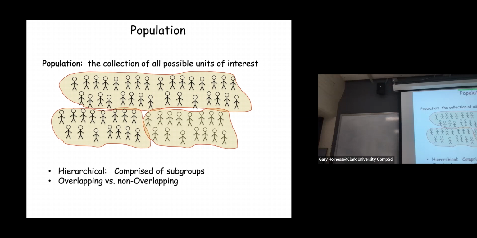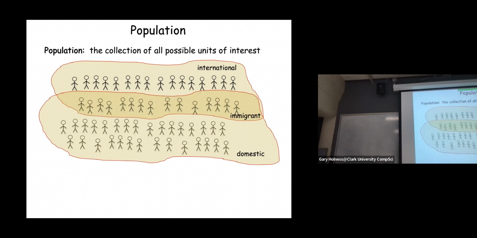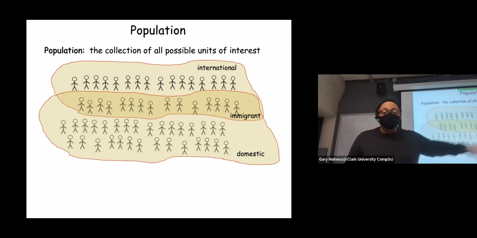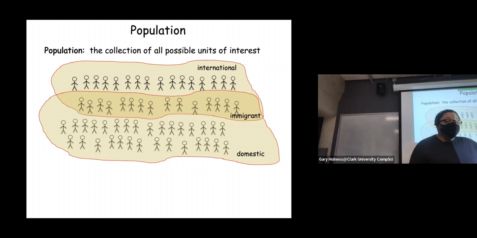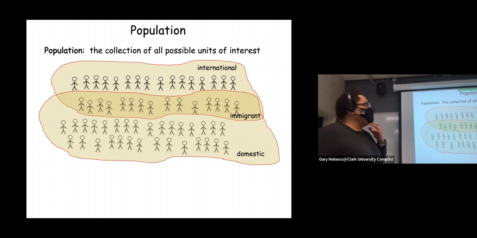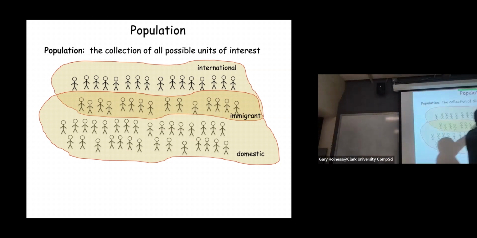All right, so here's an example of the international, domestic, and immigrant population subgroups. And in this case, I'm acknowledging that the immigrant population, they're kind of international, but they're also domestic. And so in this case, I'm saying, well, this immigrant population, they share characteristics of both of them. When they're non-overlapping, you're saying they're distinctly different.